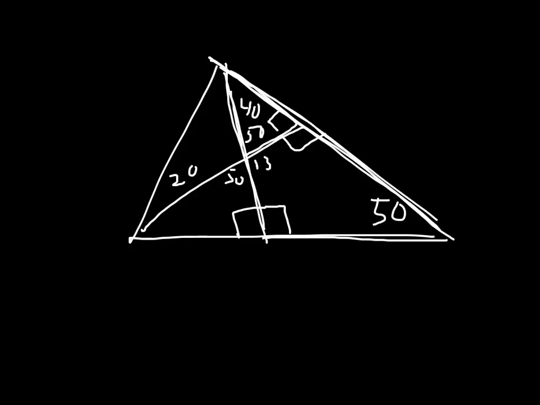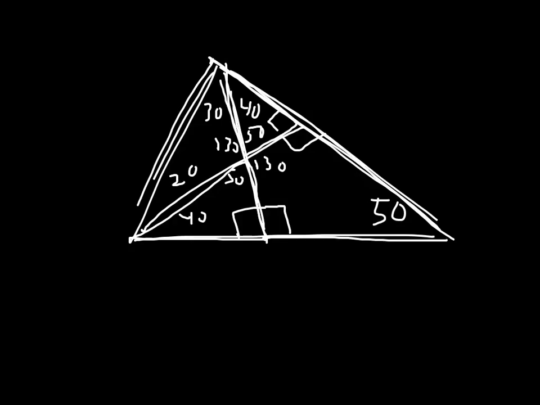By linear pair, we have 130. And now we can finish off the problem. If you have two angles in a triangle, this triangle, 50, 90, this one is 40, and this top little triangle, 20 and 30 is 150. So this piece is 30. So make sure you consider that when you solve problems like this.